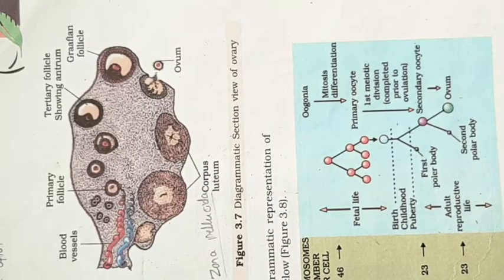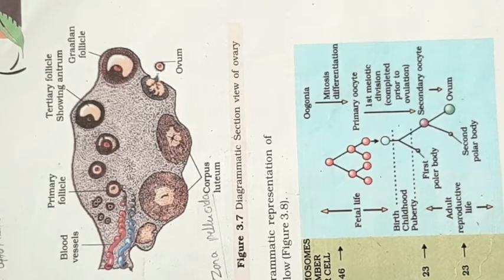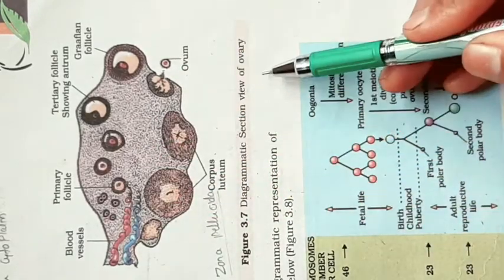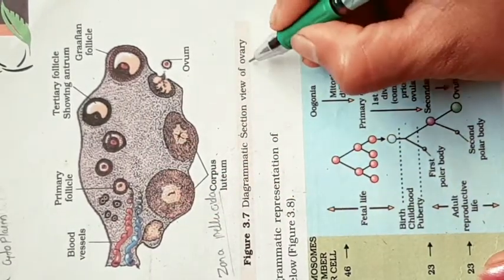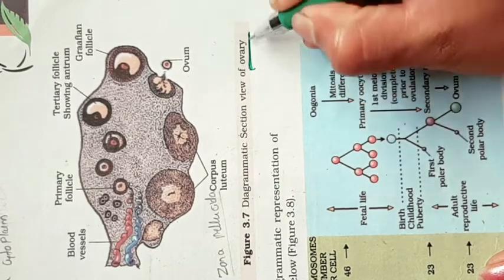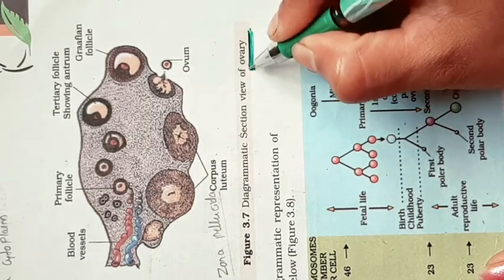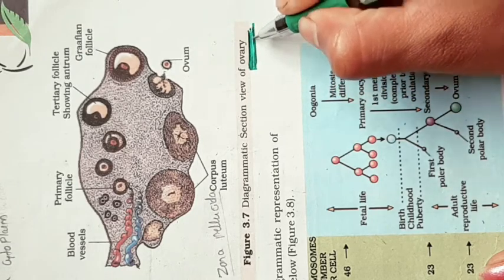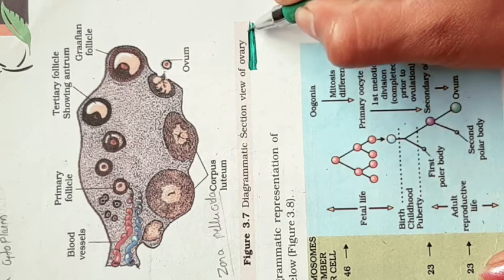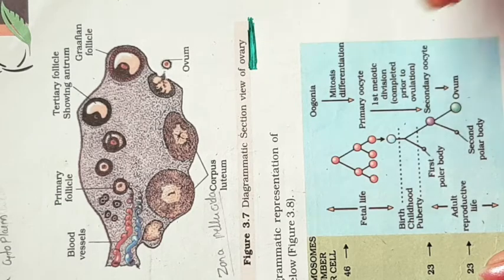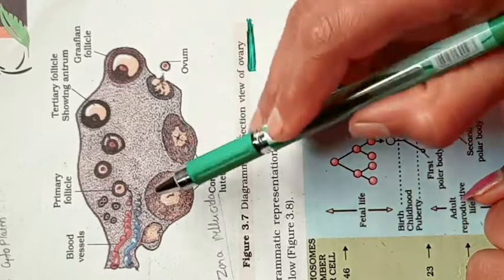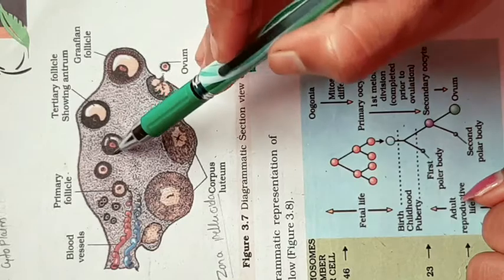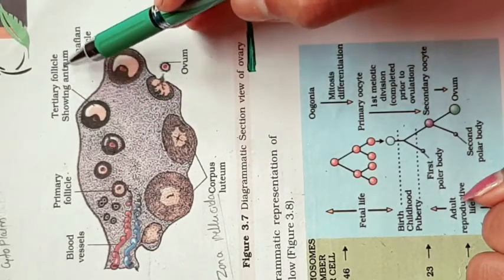You can see the diagram in your NCERT book also. Here, blood vessels are connected with the ovary. This is a diagrammatic sectional view of an ovary. Please practice this diagram. This is very important. In this chapter, many diagrams are important for 5 marks. After the completion of this chapter, I will make a list. Here you can see the primary follicle, then the secondary follicle, then the tertiary follicle showing the antrum.